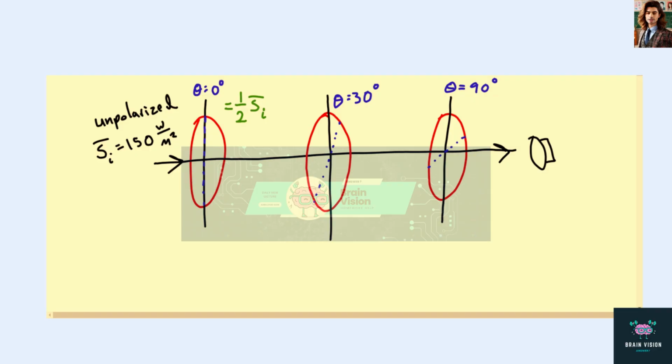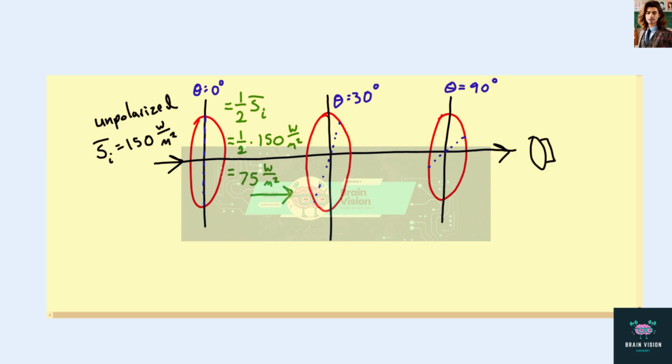Half of those directions will be in line with the polarizer, and the other half will just be perpendicular to it. So exactly half of it gets through. In our case, 1/2 times 150, and we get just 75 watts per meter squared actually passing along through the next polarizer.